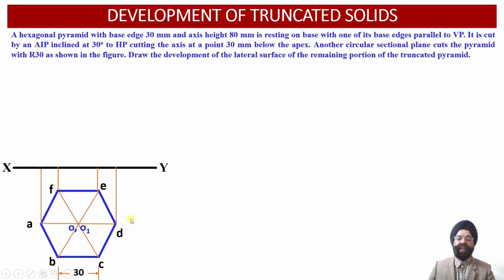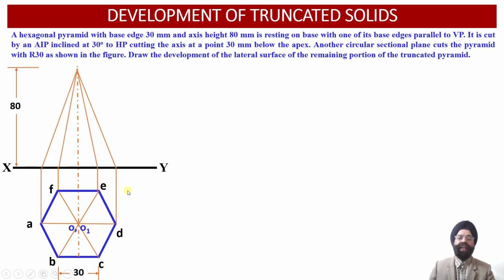So having obtained the top view projections of this hexagonal pyramid, let us proceed with evaluation of the front view projections of this particular hexagonal pyramid over here. So we have obtained the projections from all the 8 points of the top view projections into the elevation projection view over here. So we have drawn the axis over here.